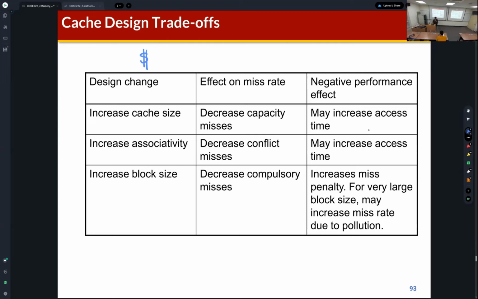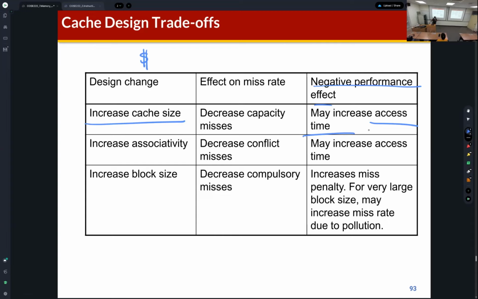Then what is the effect of this change? If we increase the cache size, we can decrease the capacity misses, because the cache can store more data. But what is the negative performance impact? The disadvantage is that it may increase access time.